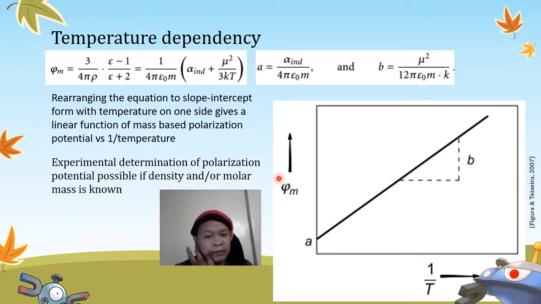What this simply means is that for any given material, the mass-based polarization potential is directly proportional to 1 over temperature, which means as the temperature increases, or 1 over T decreases, the polarization potential goes down.